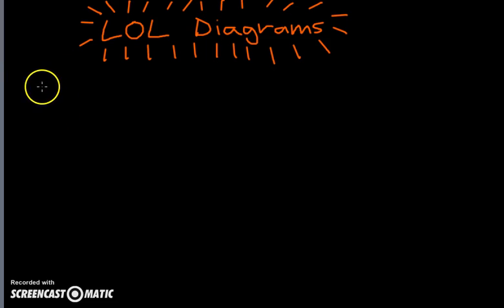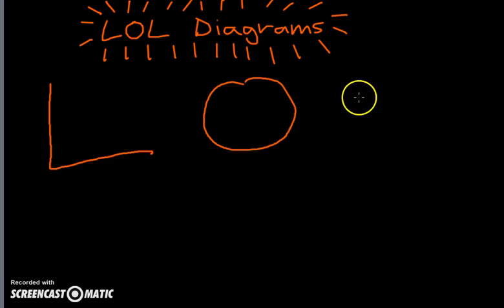So, this is how they work. You are going to draw out an L, an O, and an L. It's a shocker, right? Obviously, you probably want these to be a little bit more straight, but it's not the end of the world if they're not.